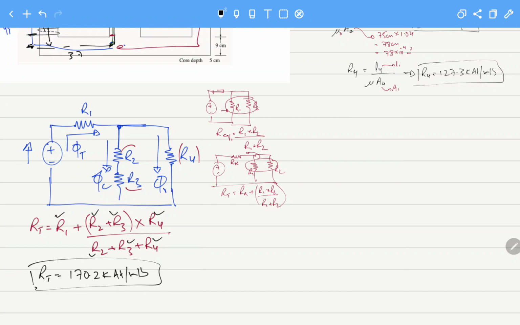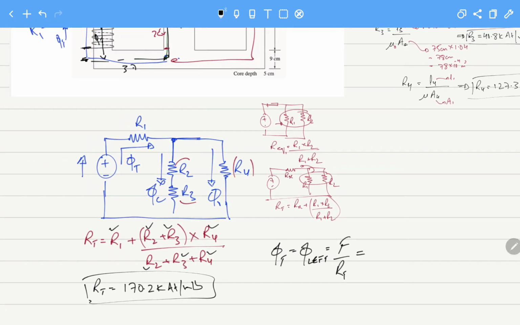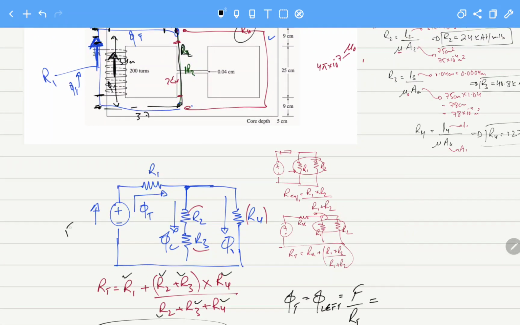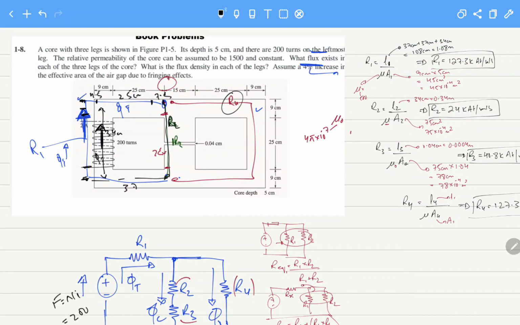So we can calculate flux total, which is actually the flux at the left side of the core, equals F divided by R total. And F, can we calculate F? Yes, F equals Ni, and we have 200 turns, and they have also given us the current I.